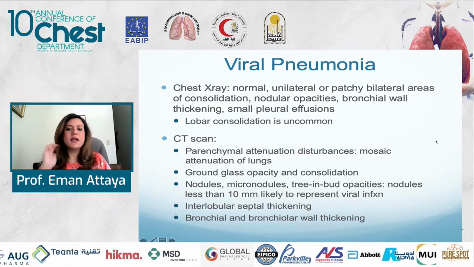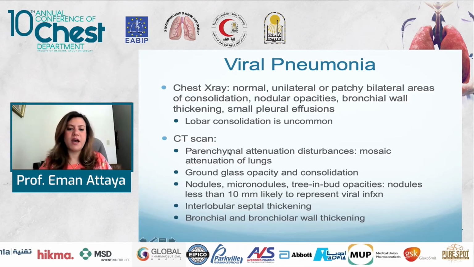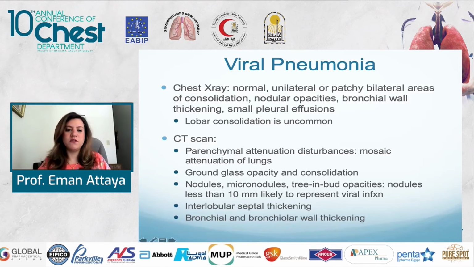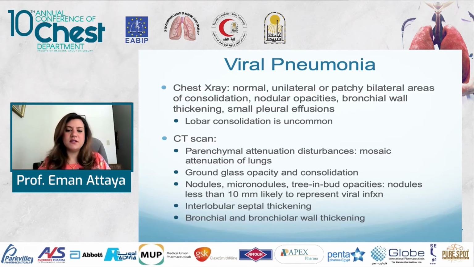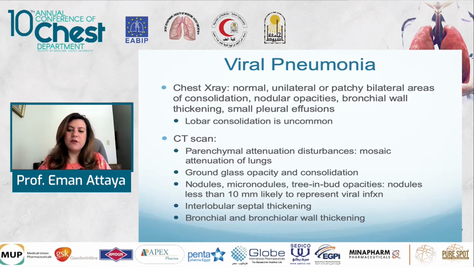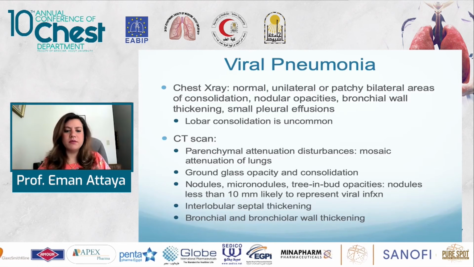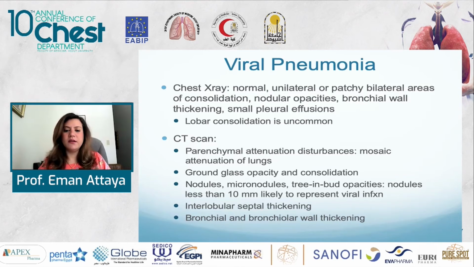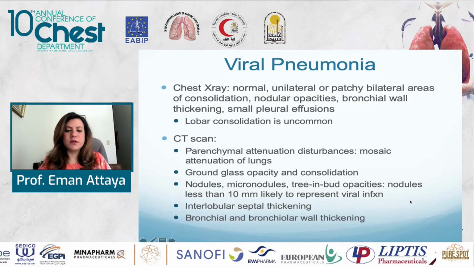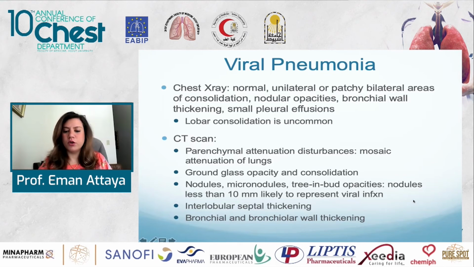On CT scan, we can see different patterns: parenchymal attenuation disturbances such as mosaic attenuation of the lungs, ground glass opacities and consolidation, nodules, micronodules, tree and bud opacities. And remember this, nodules that are less than 10 millimeters likely represent viral infection. You can get interlobular septal thickening, bronchial and bronchiolar wall thickening.